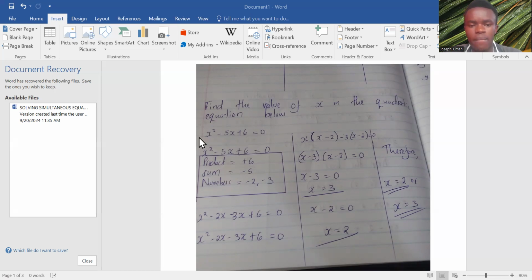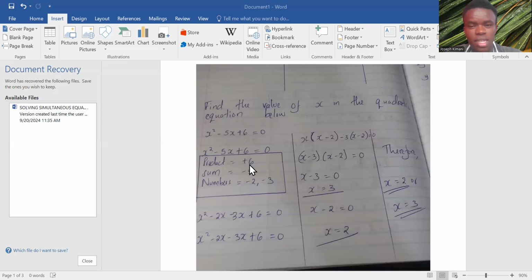This value is A, this value is B, and this value is C. To get the product, it is usually A times C. So in this case, the coefficient of x squared is 1, times 6, which is positive. So the product will be 1 times 6, which will give you positive 6.